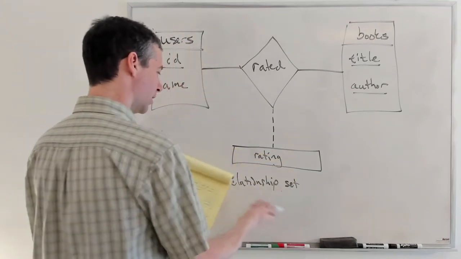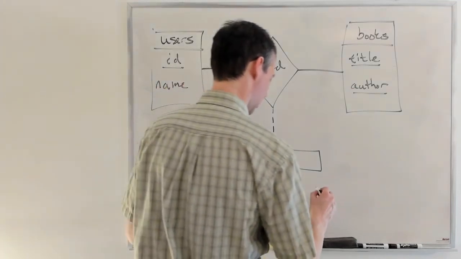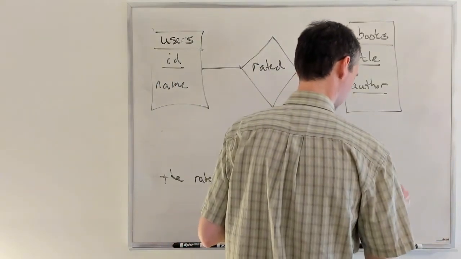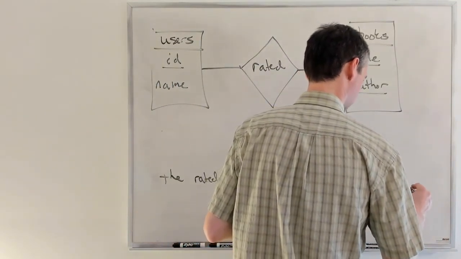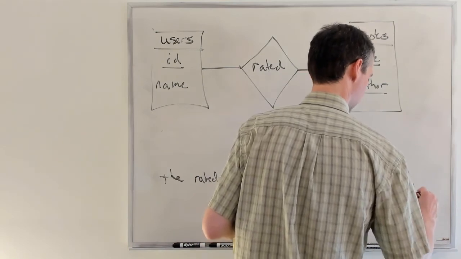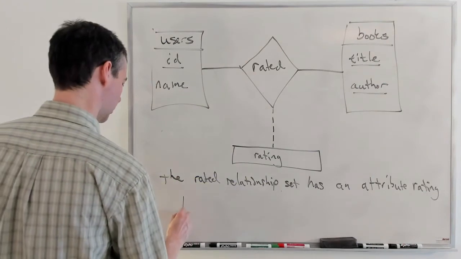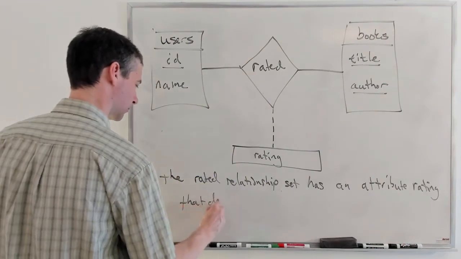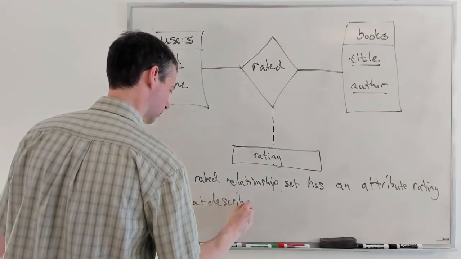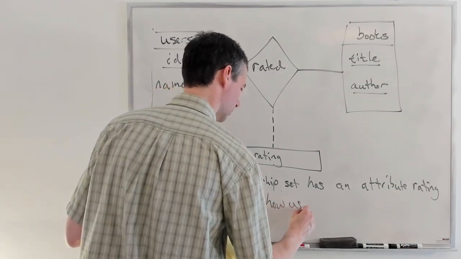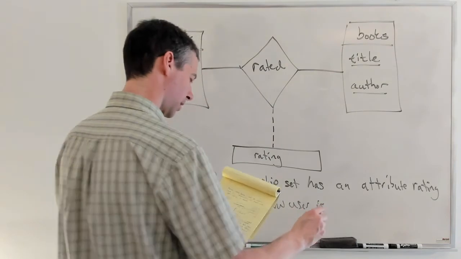So it's a set of things. It's a relationship set. It has an attribute, rating, that describes how a user is related to a book.